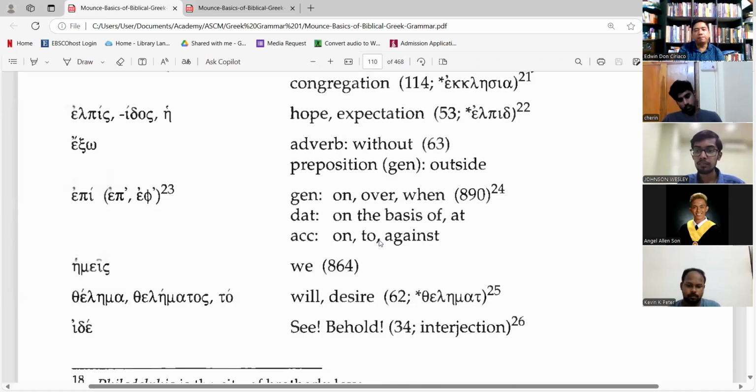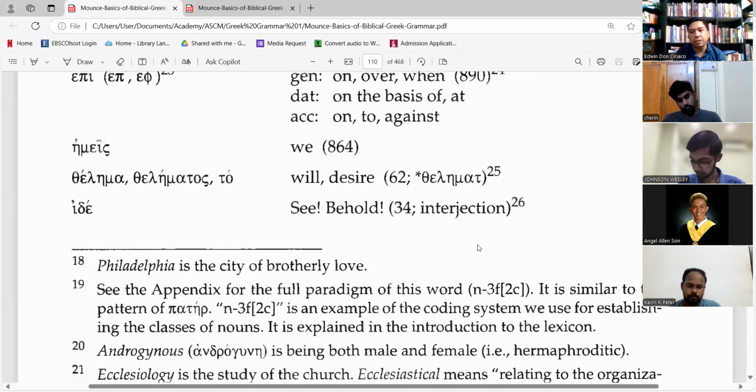And then epi, still a preposition: epi with genitive is on, epi with dative is on the basis of, and epi followed by an accusative is onto or against. And still, we've seen this, the first person plural, hemeis. And what is the second person? Humeis.